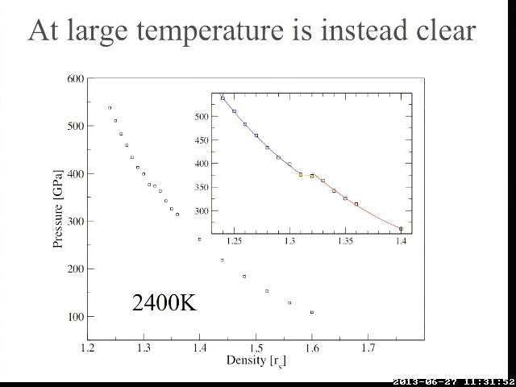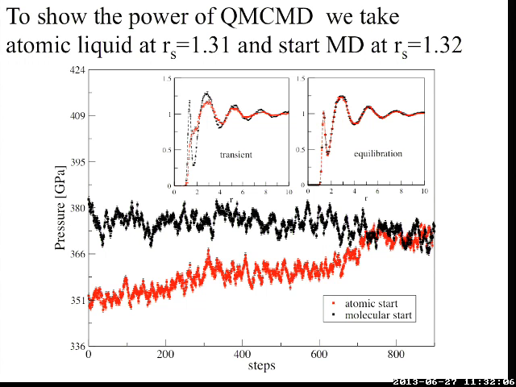The interesting thing is that if you increase the temperature, this plateau becomes a little more evident. What I want to show is that we have a phase transition at density 1.31, which should be a metal at larger pressure, and here it should be an insulator.